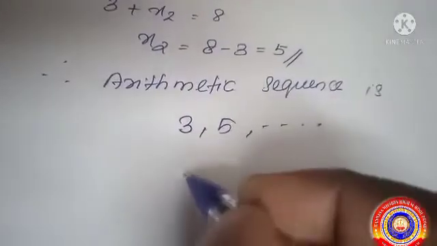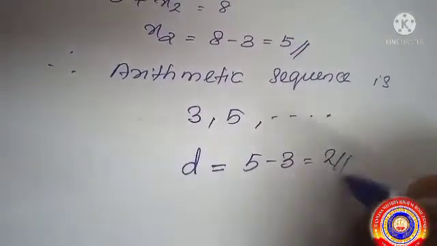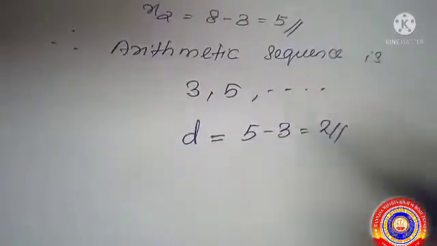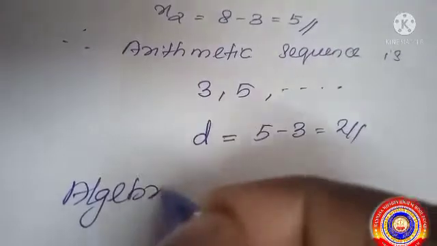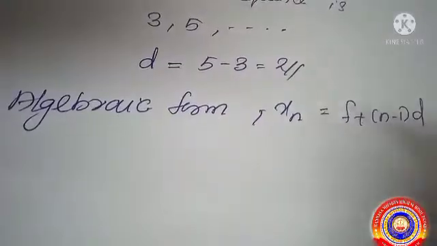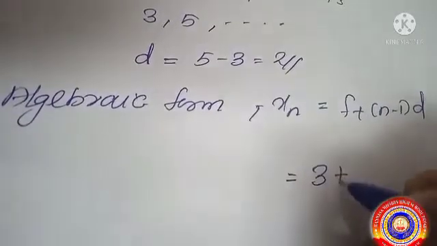Next, we have to find its algebraic form. For that, first we have to find the common difference. Common difference is equal to 5 minus 3, equal to 2. Then the algebraic form is xn is equal to f plus (n minus 1) into d.